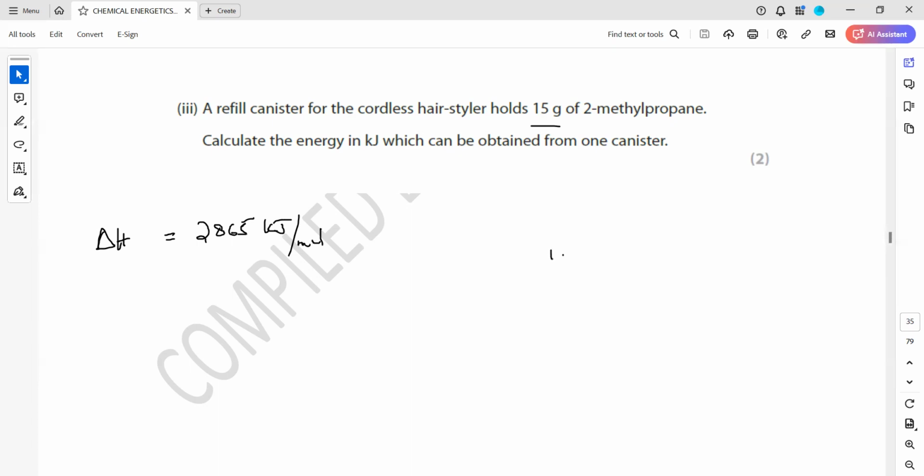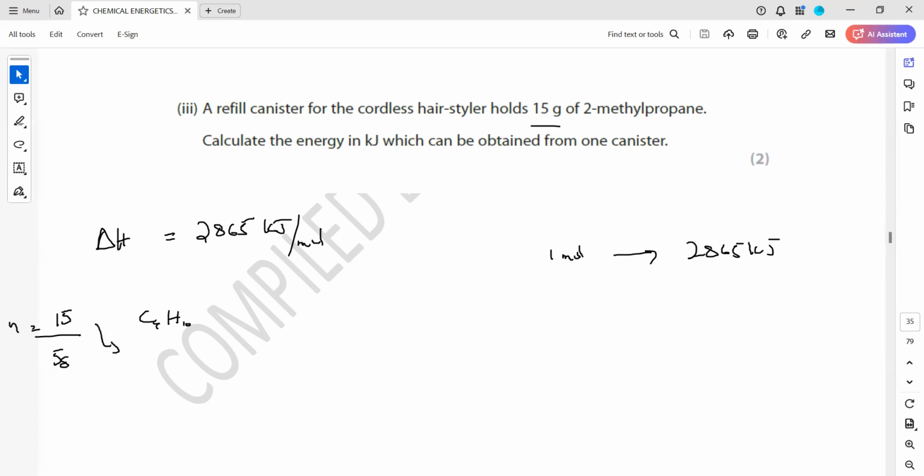It means 1 mole will give 2865 kilojoule of energy. If we have 15 grams, how many moles are there? If we need the moles, it is mass in gram over molar mass of C4H10, the methyl propane. So C4H10 will be 58, because 12 multiplied by 4 is 48, plus 10 makes 58.